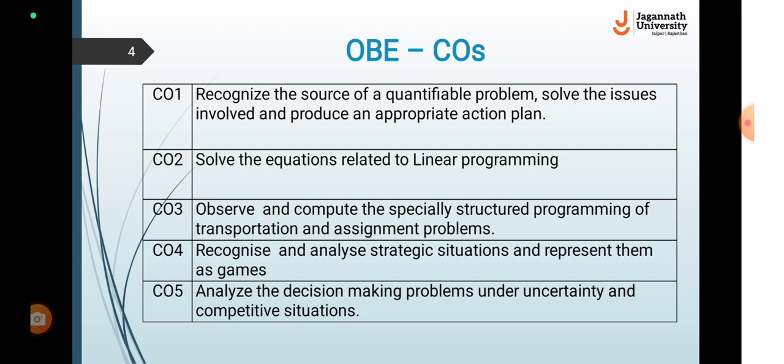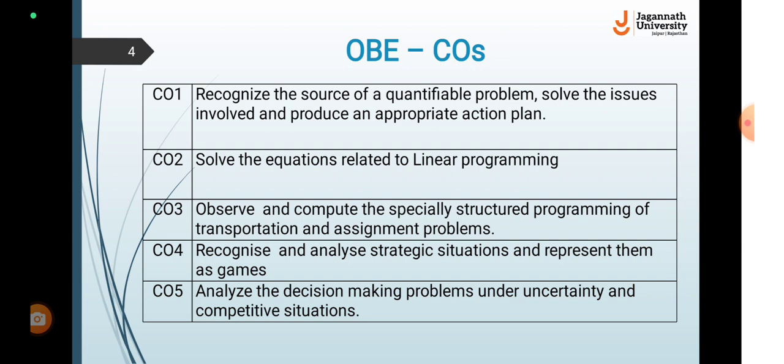For this, you study the concept, role, scope and models in business industries, matrix algebra, addition, subtraction and multiplication, the matrix inversion method and solving linear equations using matrices. You will be able to achieve this outcome after studying these topics.